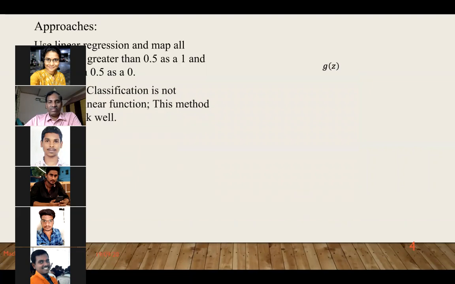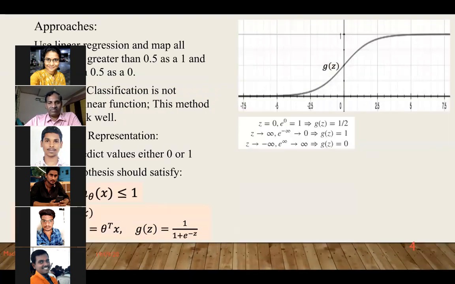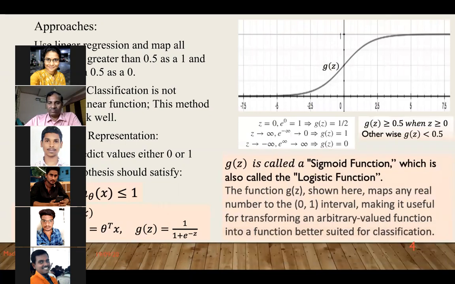So what approach will we take to solve this problem? Use linear regression and map all predictions greater than 0.5 as a 1 and all less than 0.5 as a 0. We assume that it is linear. Still, we want probability. What is the boundary of the probability?